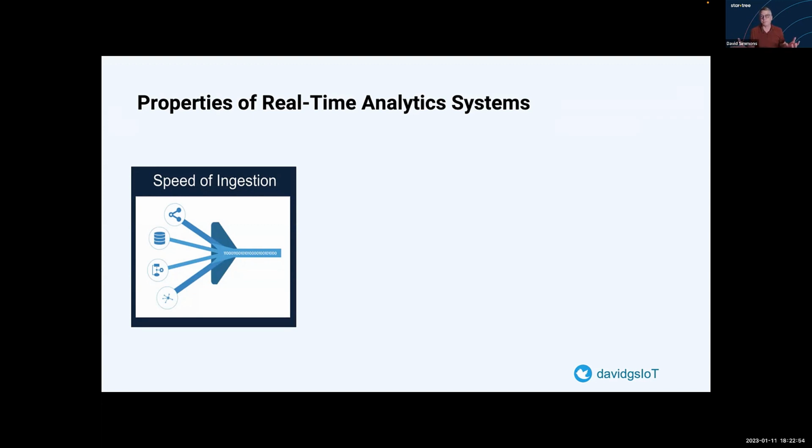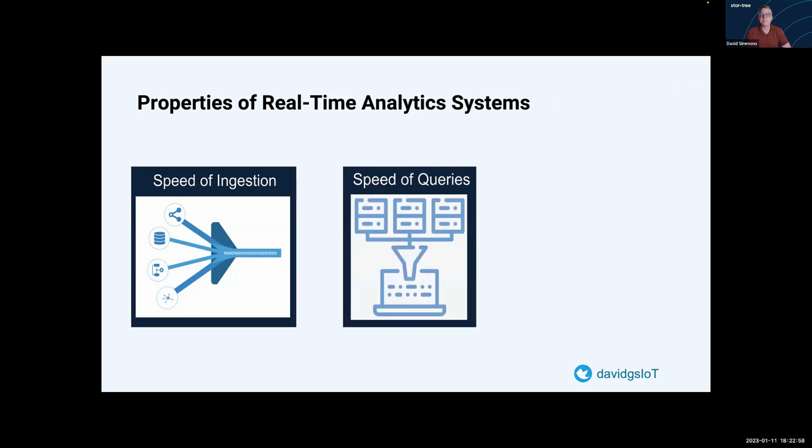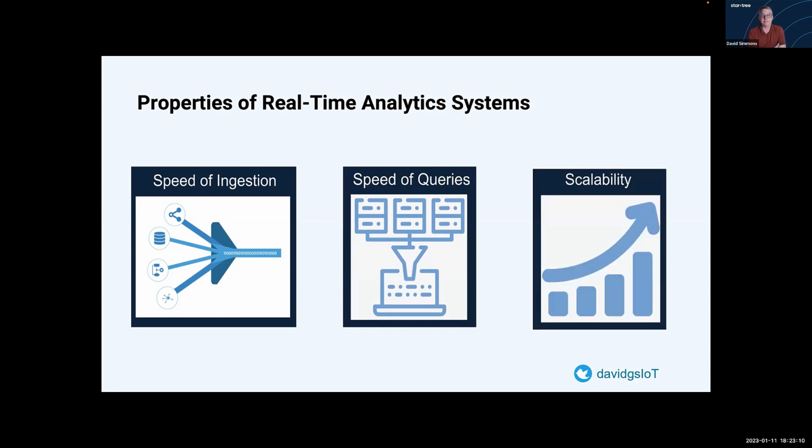So I have to be able to ingest a lot of data very quickly. I have to be able to get queries done very quickly, typically under 250 milliseconds, in order to make it feel like it's actually responding. And I have to be able to scale it.